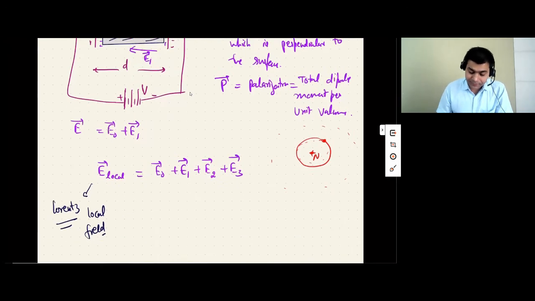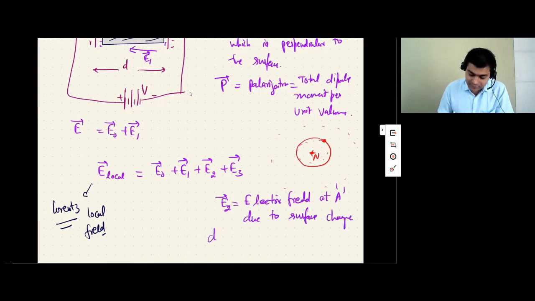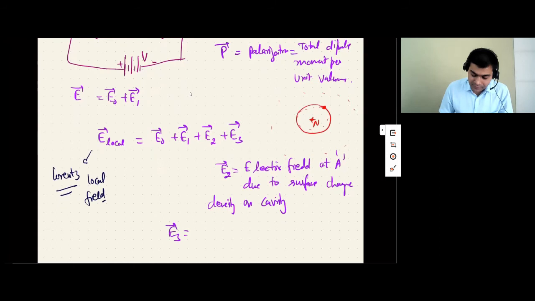So my E2 is the electric field at A due to surface charge density on the cavity, and E3 is the electric field at A due to electric dipoles present in the cavity.